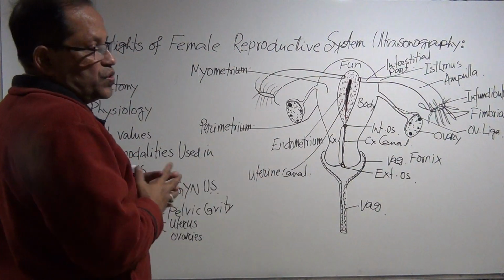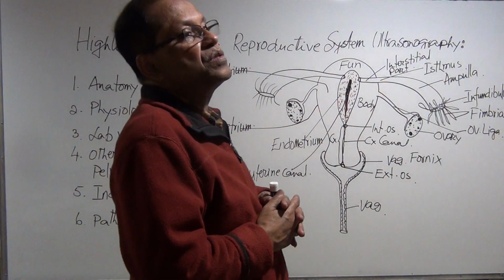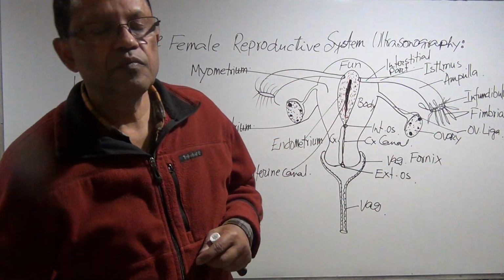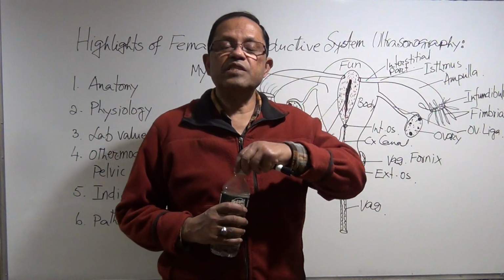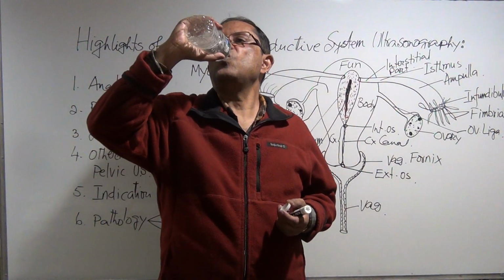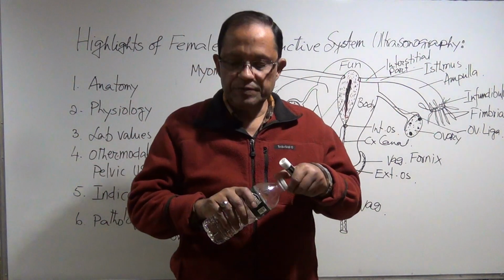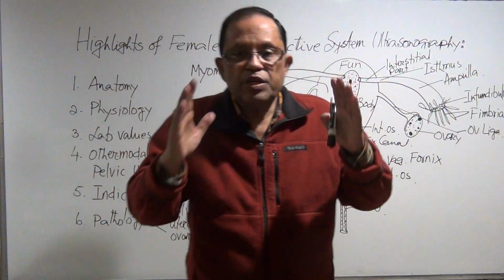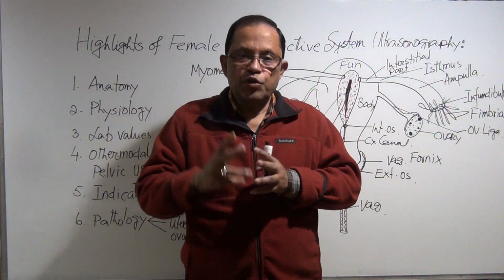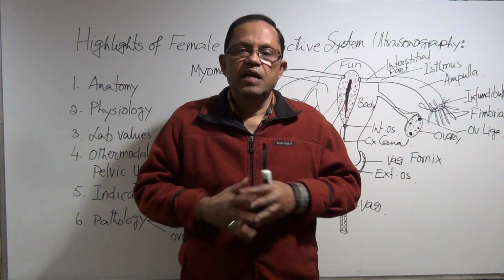And the bones, the pelvic bones: we need to know the two hip bones, one sacrum and one coccyx. The two hip bones form two different types of junction.